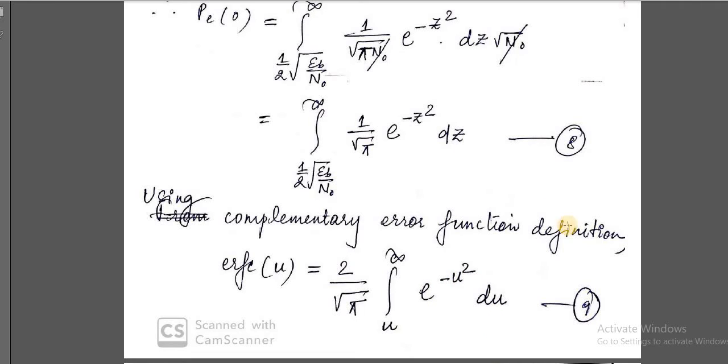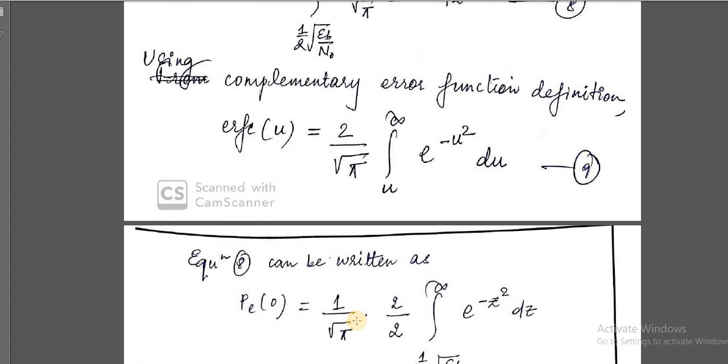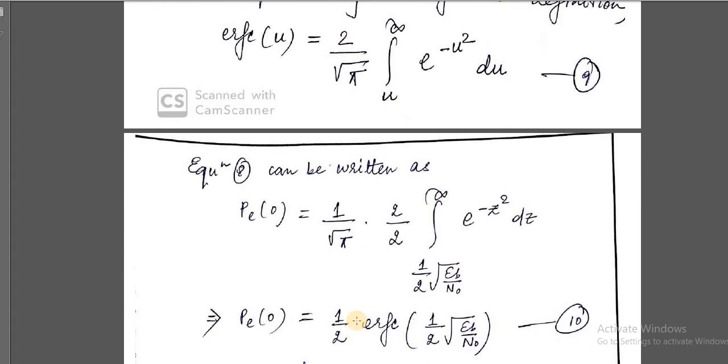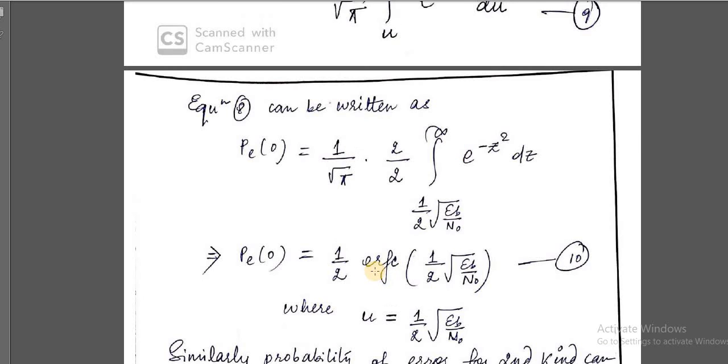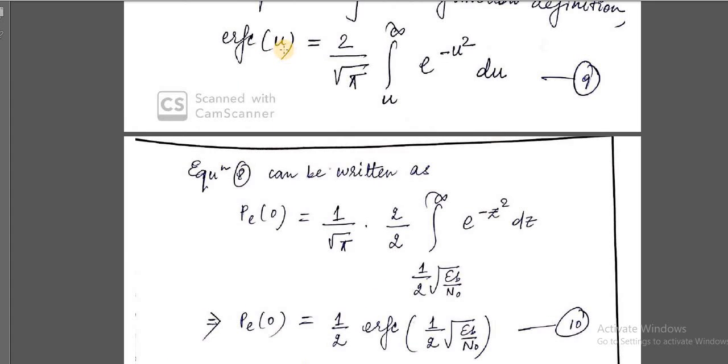So I can rearrange equation number 8 in such a way that we can use the definition of the complementary error function and rewrite expression number 8. U is the lower limit of the integration, which here is 1 by 2 root of Eb by N naught.